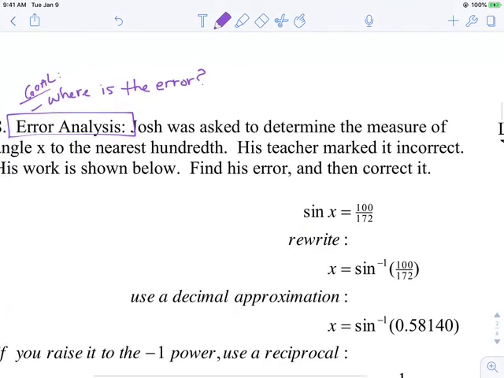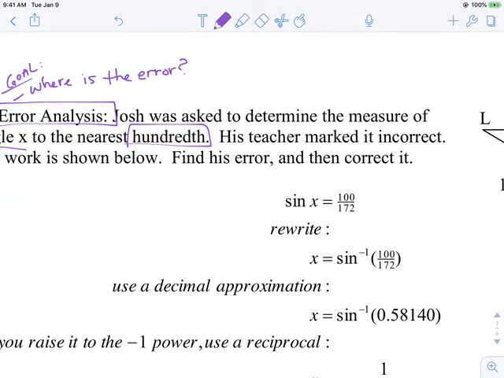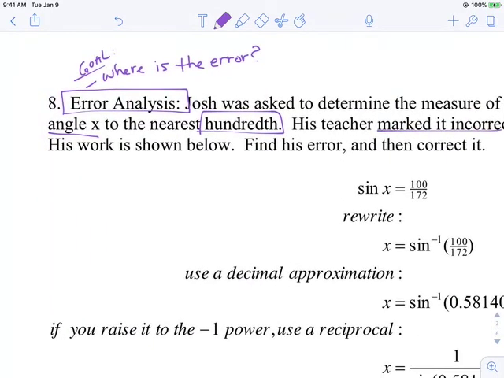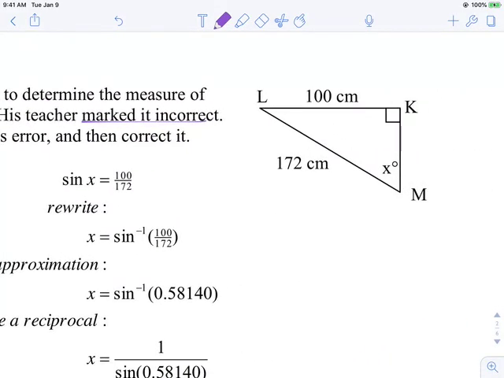Josh was asked to determine the measure of angle x to the nearest hundredth. Teacher marked it incorrect. Work is shown below. Find his error and then correct it. So let's look. This was their first step. Let's see if the setup was right. He said sine.